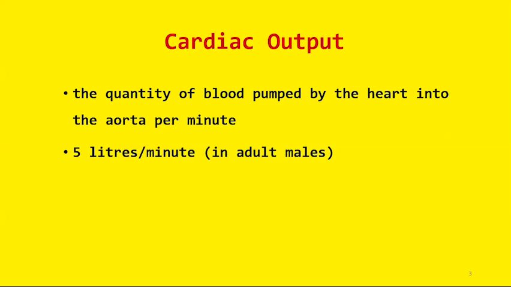In adult males, the average value of cardiac output is approximately 5,000 milliliters in 1 minute, or 5 liters in 1 minute. The value is slightly lower in females, around 4.5 to 4.6 liters per minute.